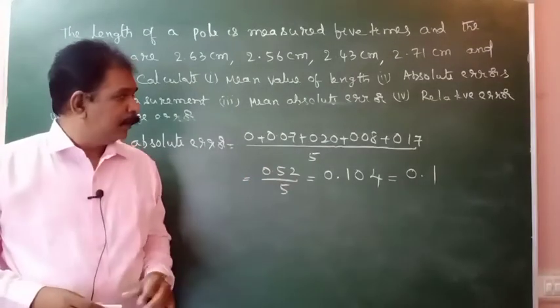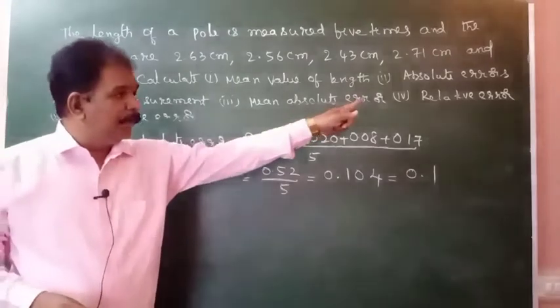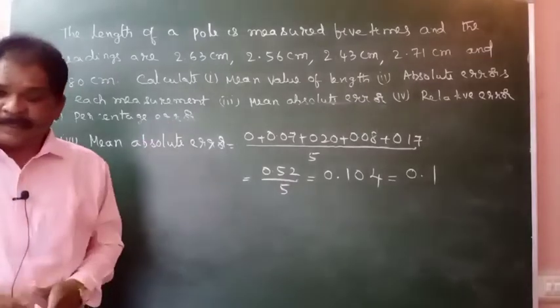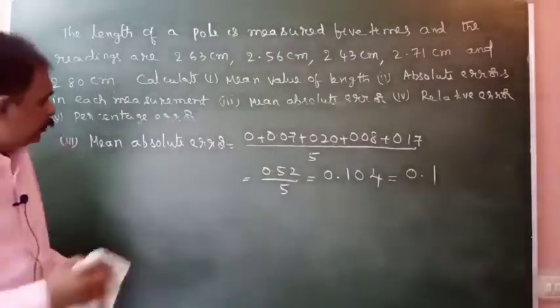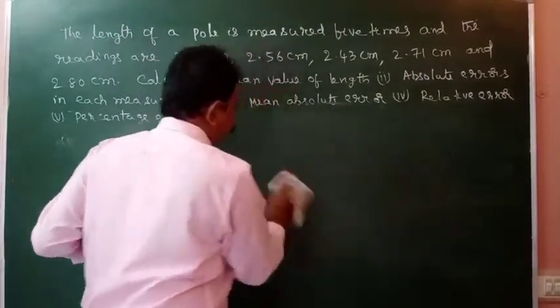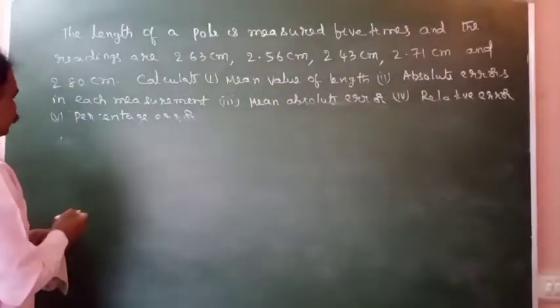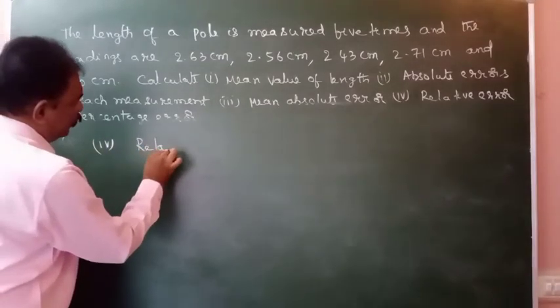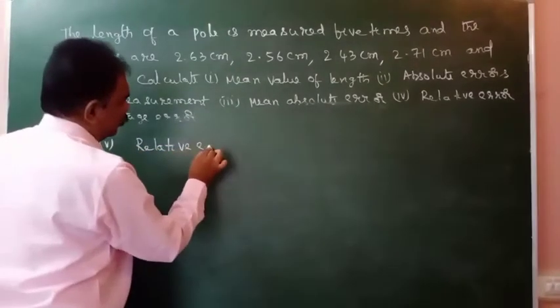Clear? Next. Fourth one will be relative error. Fifth one will be percentage error. How to calculate that one? See, fourth one will be relative error.